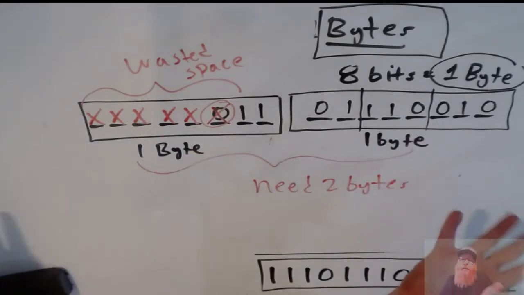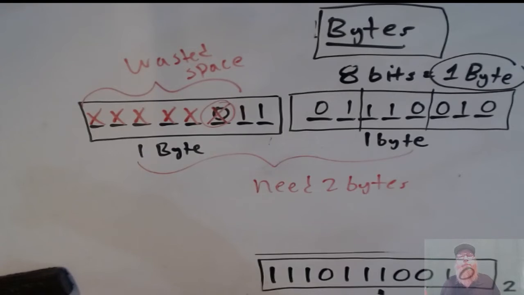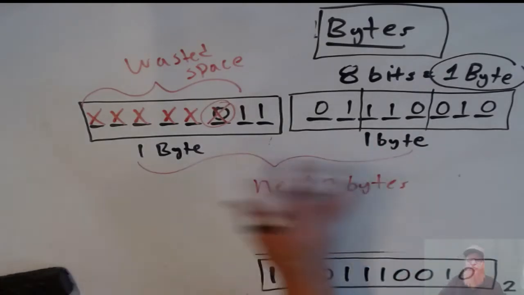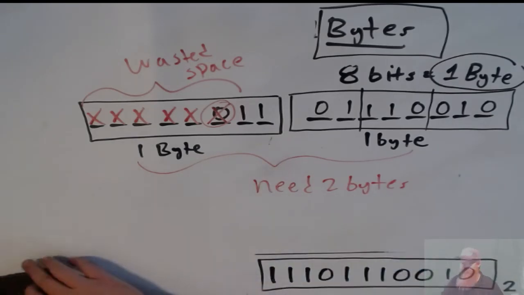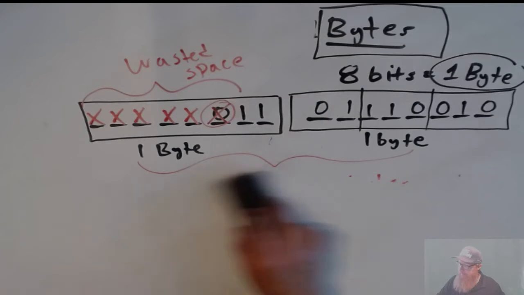This would happen all the time if we use the octal system, right? So the octal system is nice. It's easy to convert back and forth, but there's a better system. A system that would go back and forth very easily. It's a multiple of 8. It's a power of 2.